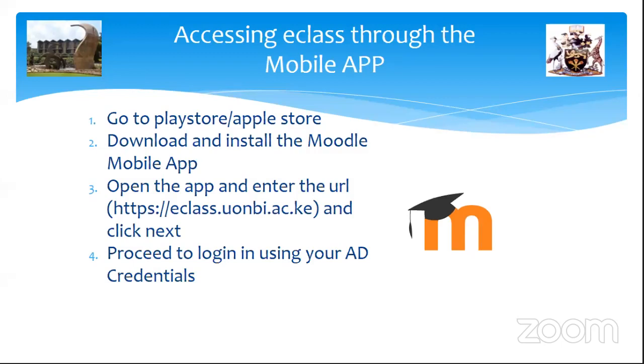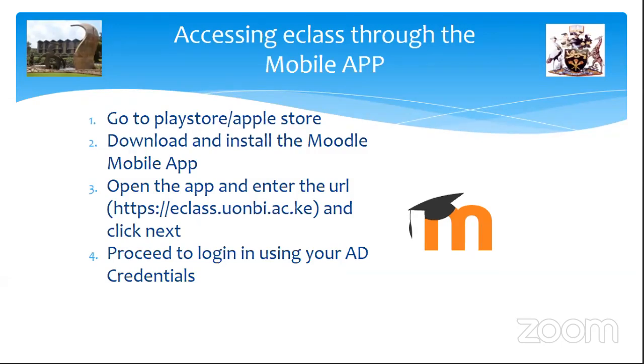When you open the app, you'll be required to enter the site address, and this is the point where you will enter the URL https://eclass.unbi.ac.ke, and then click next to proceed.